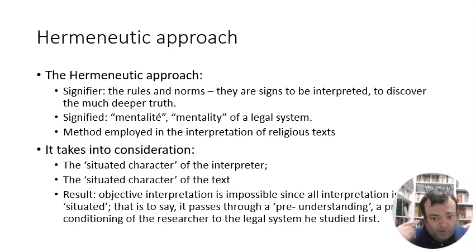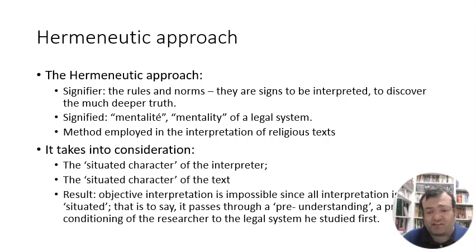So, in a hermeneutic sense, we are only interpreting a text, and this text is made of signs, words. Words are considered as signs. These signs hide a bigger truth. So we have to interpret the signs in order to discover the much deeper truth. So we have signifiers, which are the words, and signified, which is the hidden sense.